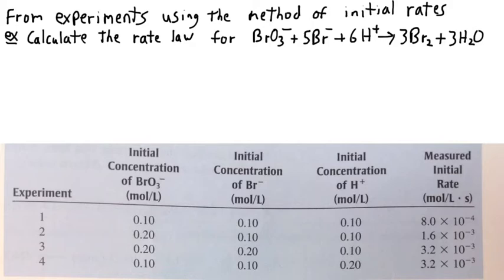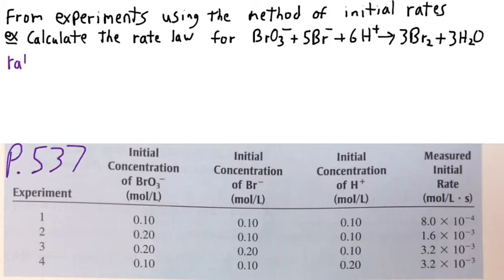So for example, in experiment 1 and 4, bromate is staying the same and bromide is staying the same, but H plus is changing. So from experiments 1 and 4, we're going to be able to figure out how H plus affects the rate, because that's the only thing that's changing.